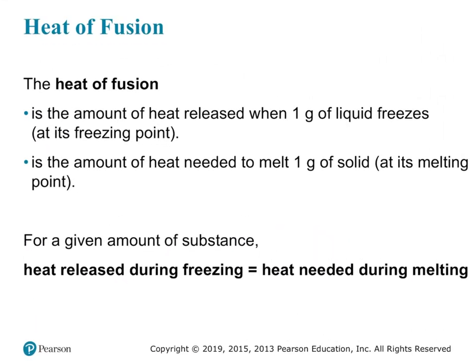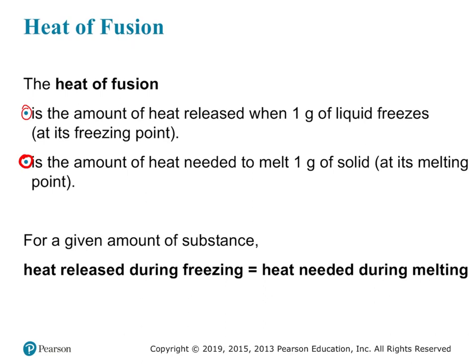The heat of fusion is the amount of heat released when 1 gram of liquid freezes at its freezing point, but it's also the amount of heat needed to melt 1 gram of solid at its melting point.